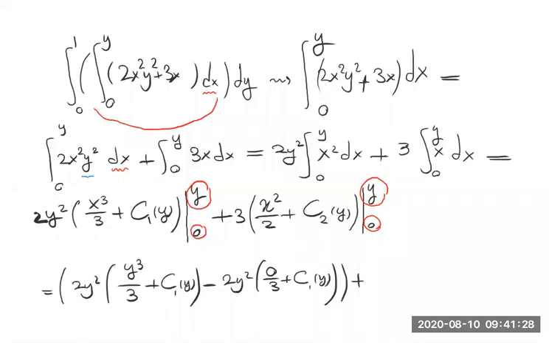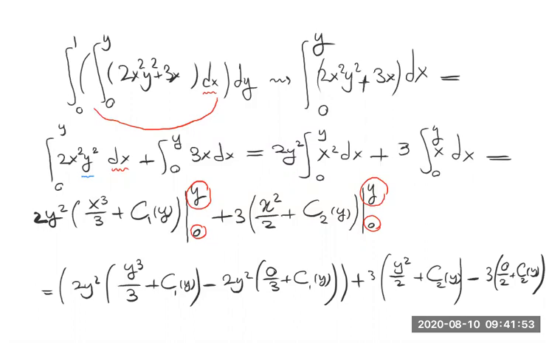Plus 3x squared over 2. It would be y squared over 2 plus c2 of y minus, and then we should plug in 0 here. So it would be 0 squared over 2 plus c2 of y. Okay, some of these things cancel each other.